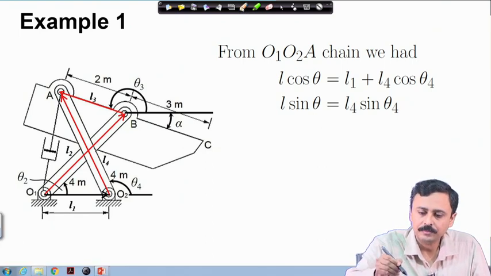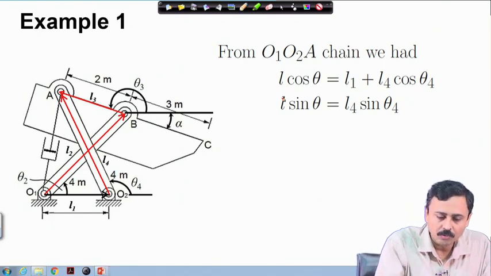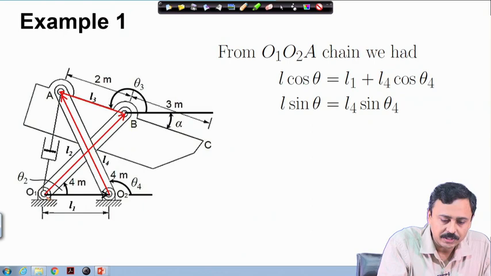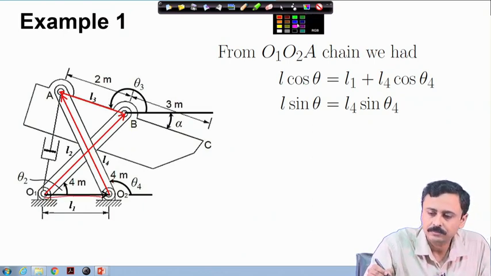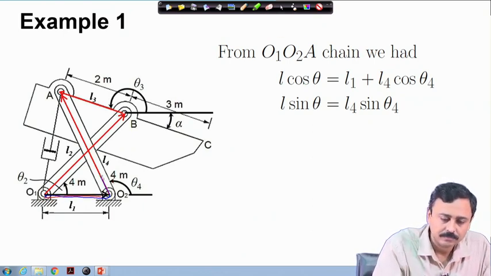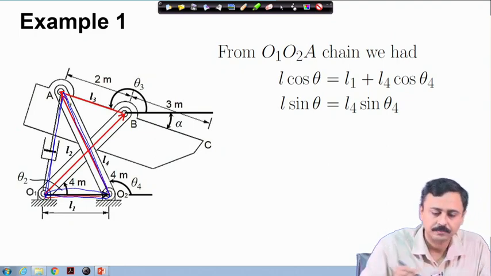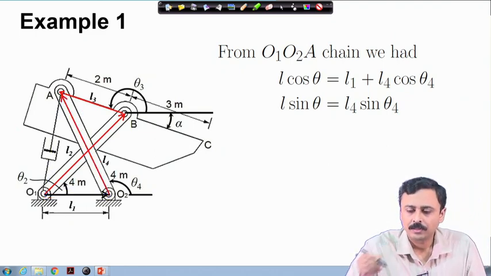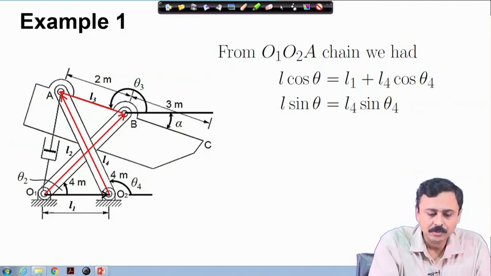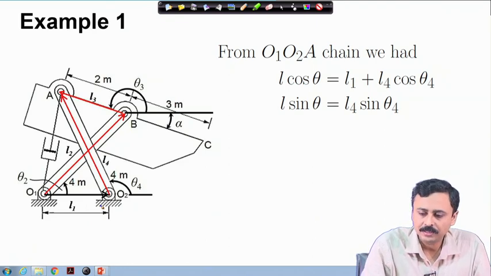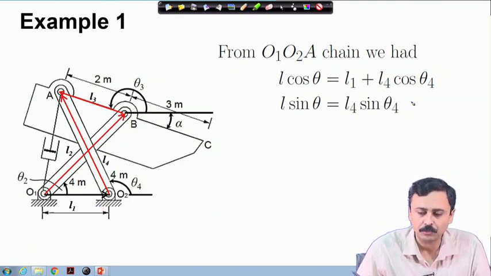Now, from the chain O1 O2A, which is this chain, we can write using the kinematics L cosine theta plus L1 is equal to L1 plus L4 cosine theta 4.